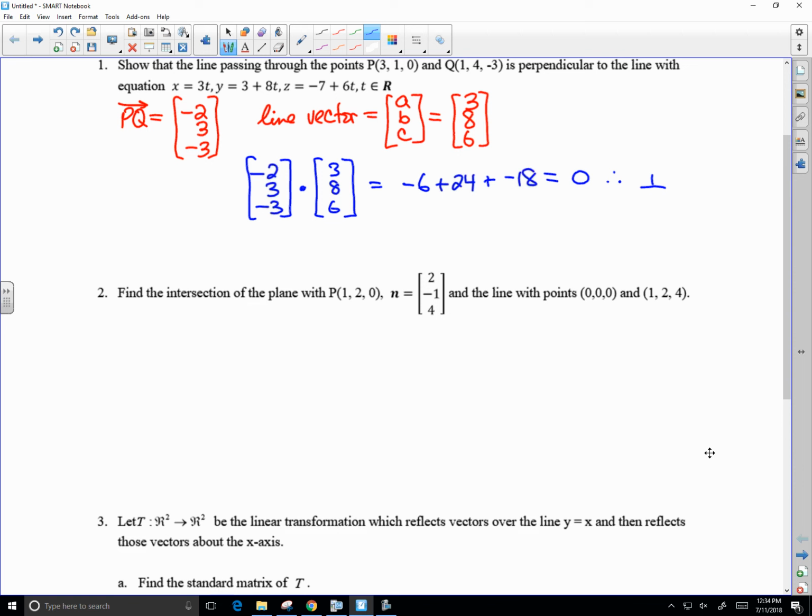So the plane: normal vector multiplied by x, y, z, so 2x minus y plus 4z equals normal vector multiplied by the coordinate, 2 times 1 plus -1 times 2 plus 4 times 0. So 2x minus y plus 4z equals 0. All right, so that's the equation of the plane.